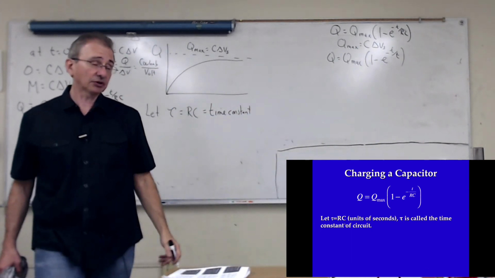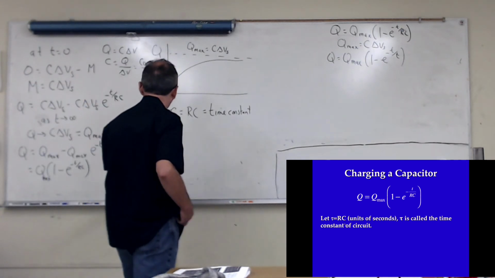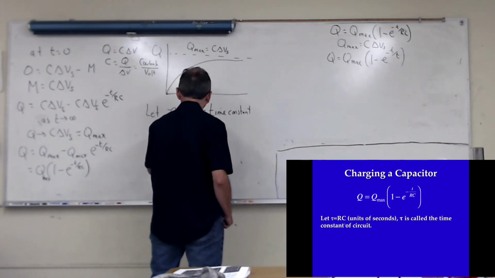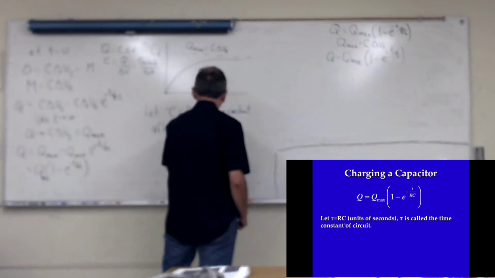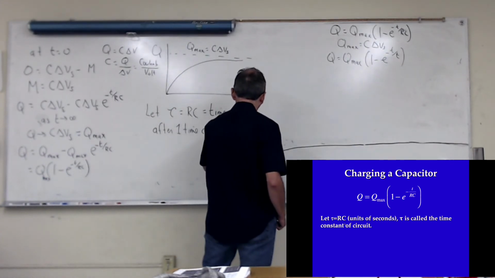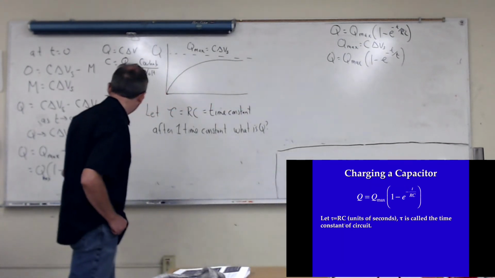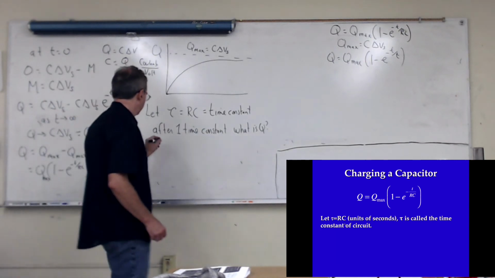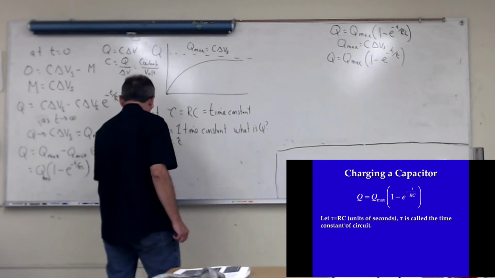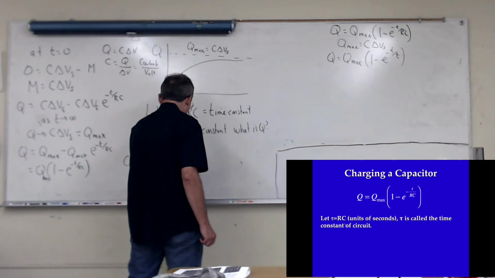And we say, how much charge is on the capacitor after one time constant? Well, after one time constant, that means t equals tau. And so Q is Q max times 1 minus e to the minus 1.